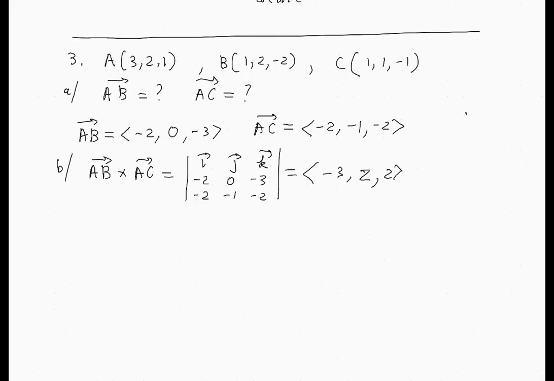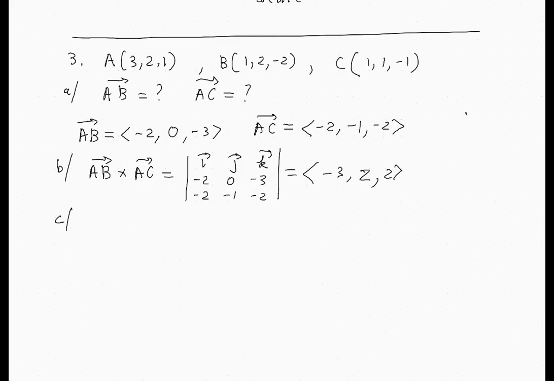And part C is asking for the area of the triangle with vertices ABC. Well, we know that the parallelogram has area equal to the magnitude of the cross product. So the triangle will be half of that.